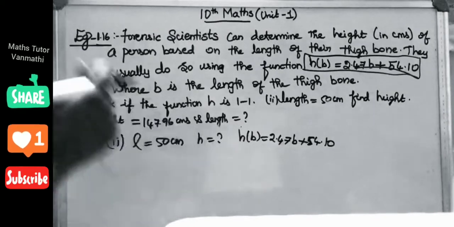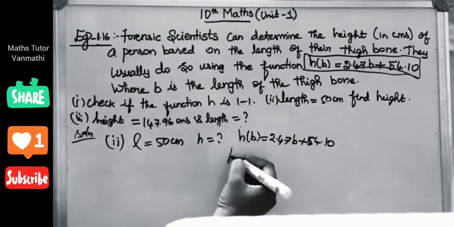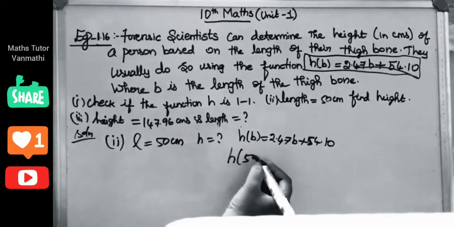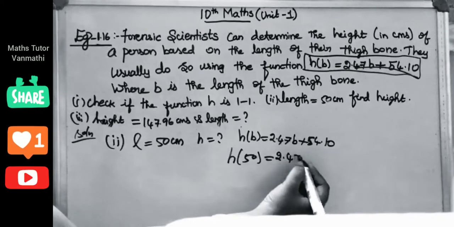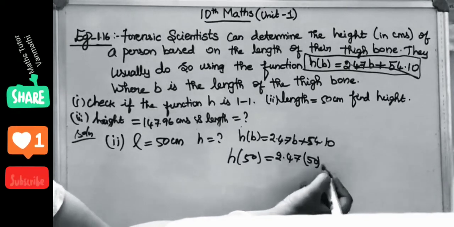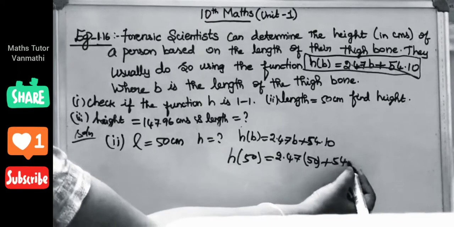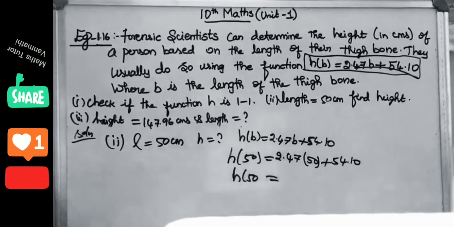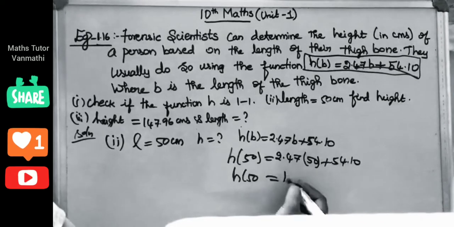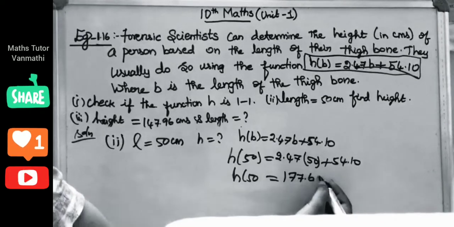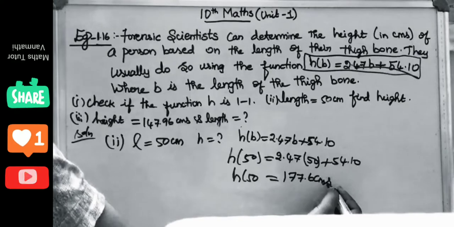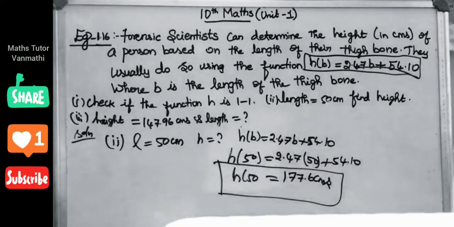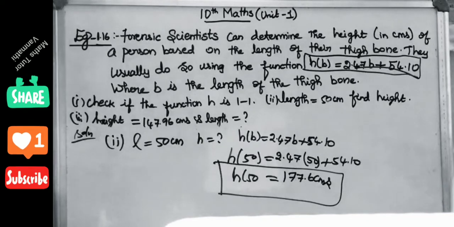So h of 50 equal to 2.47 into 50 plus 54.10. So h of 50, your answer will be 177.66 centimeters. When you multiply these two and add, you will get 177.6 centimeters.